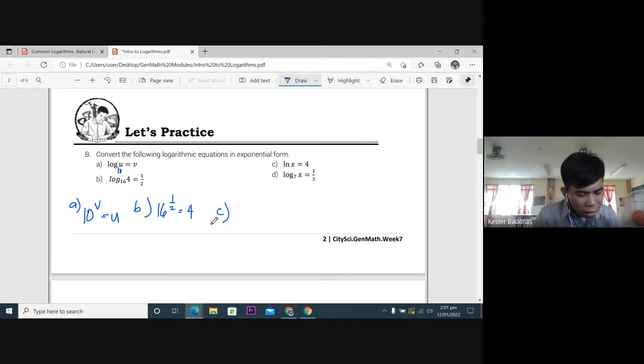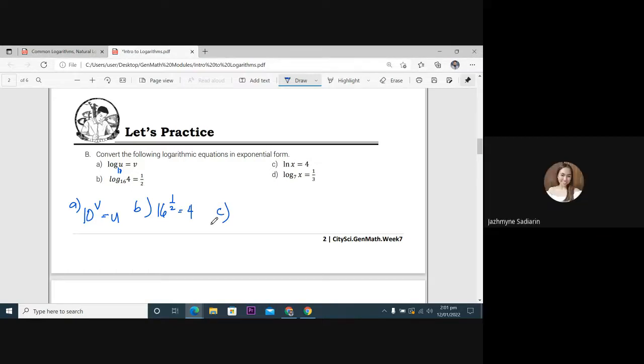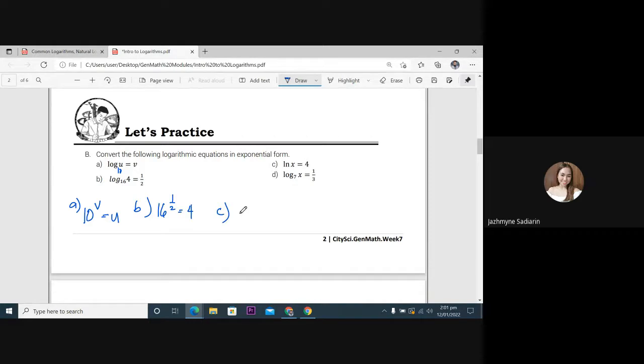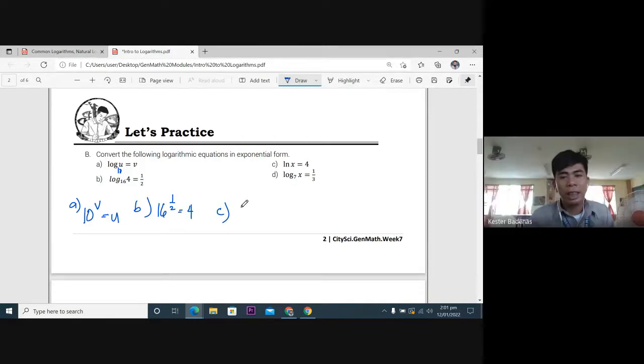Sino una? Sige, Jasmine. E raised to 4 is equals to x po. Okay, sige. Para clear, anyway, that's correct. E raised to 4 is equals to x po. Okay, sige.